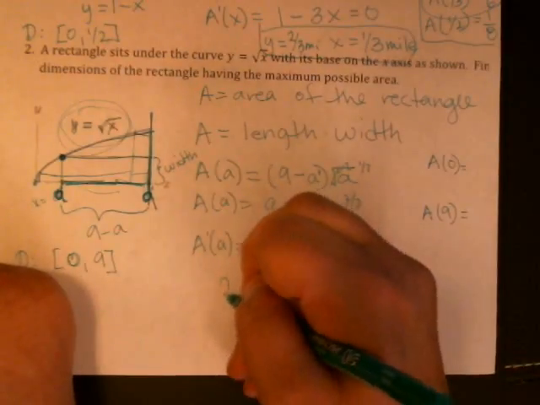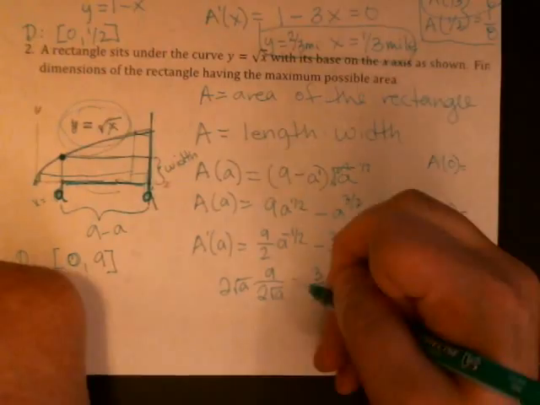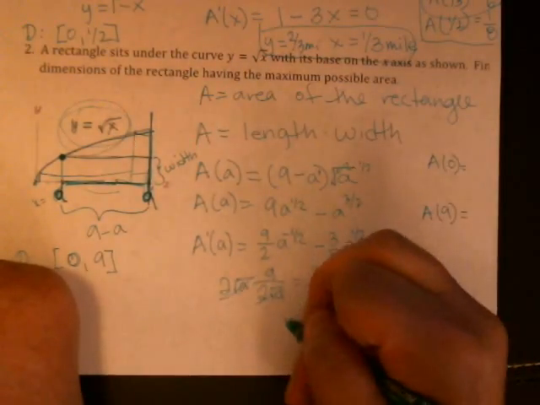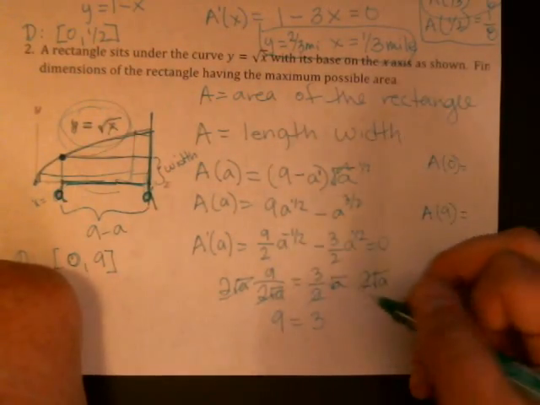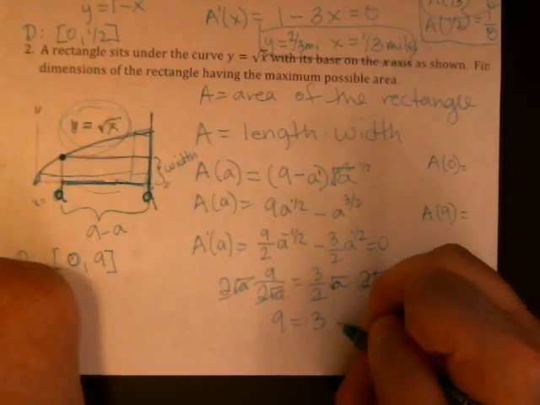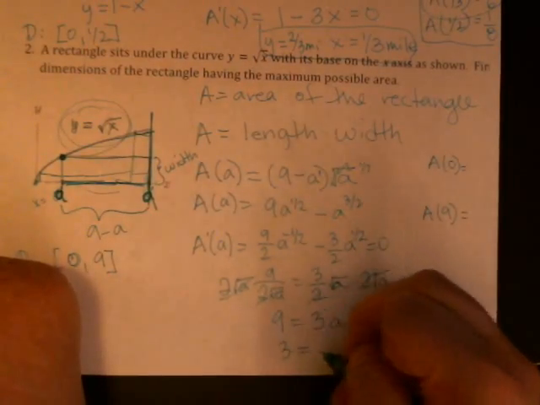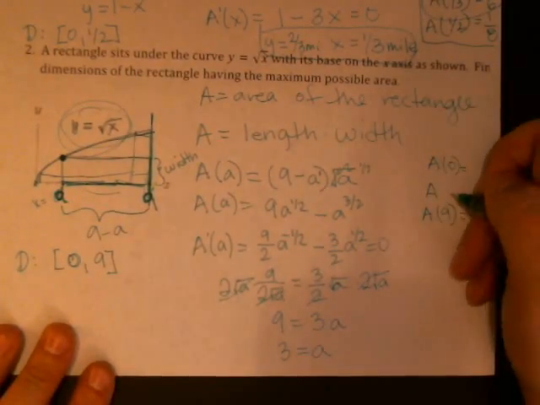And then I'm going to clear fractions. So I'm going to multiply both sides by 2 root a. You don't have to move this to the other side before you clear fractions. And I'm just going to be left with a 9 on this side. Here, the 2's cancel, so I have 3 times root a times root a. Root a squared is just an a, so I'm getting a equals 3 as my one and only critical value.